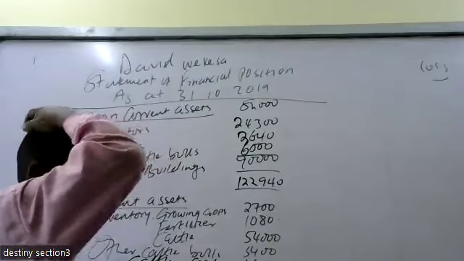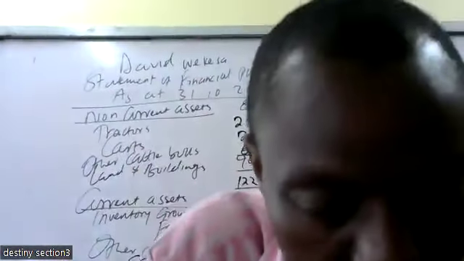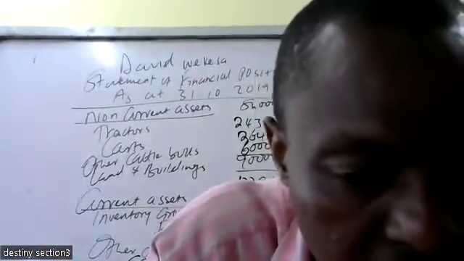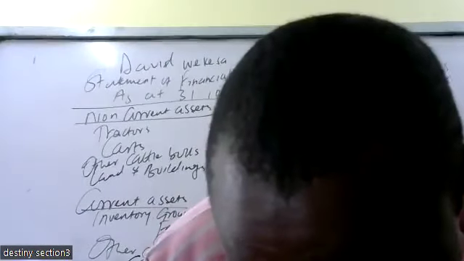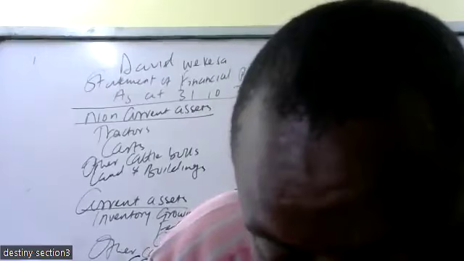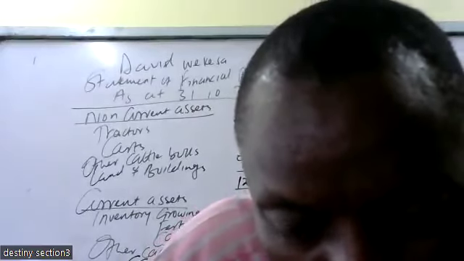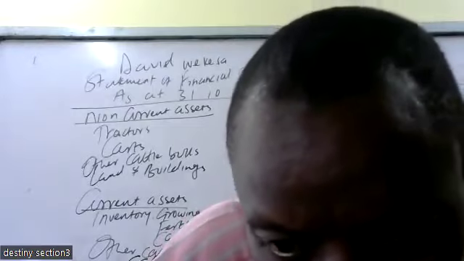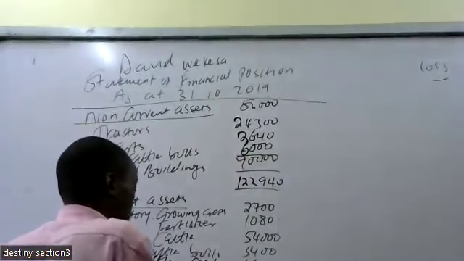Do we have cash or bank? Either cash in hand or cash at bank, from the trial balance. Cash, 15,300. Do we have receivables?